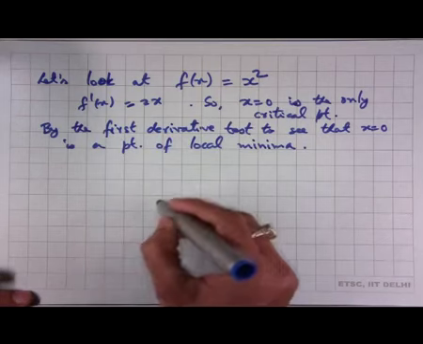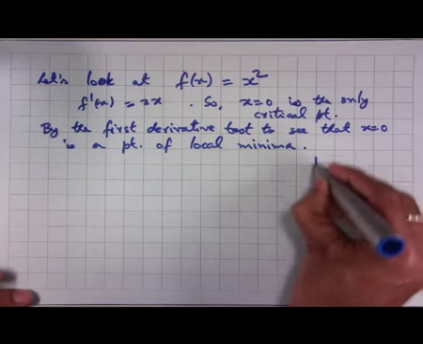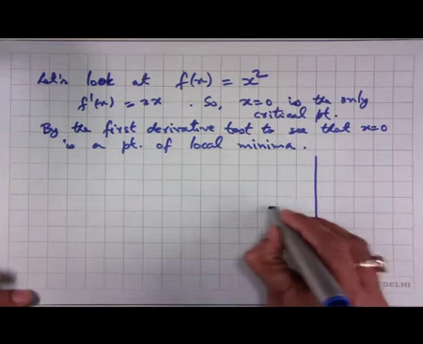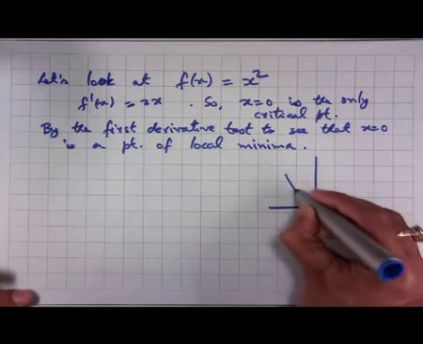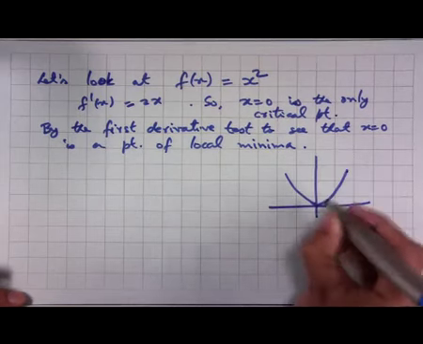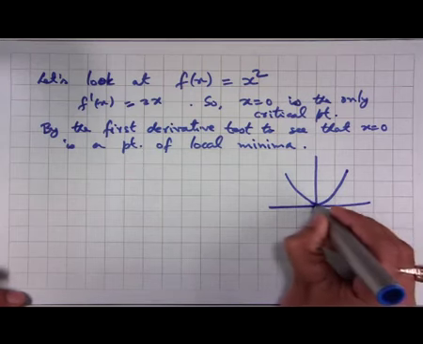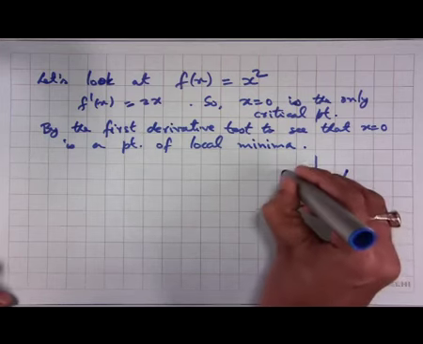So, this is a point of local minima. In fact, in this case the graph of this function is this parabola, and the function is always non-negative and it is 0 at 0. So, it is clear that this point is a point of local minima, it is also a point of global minima.